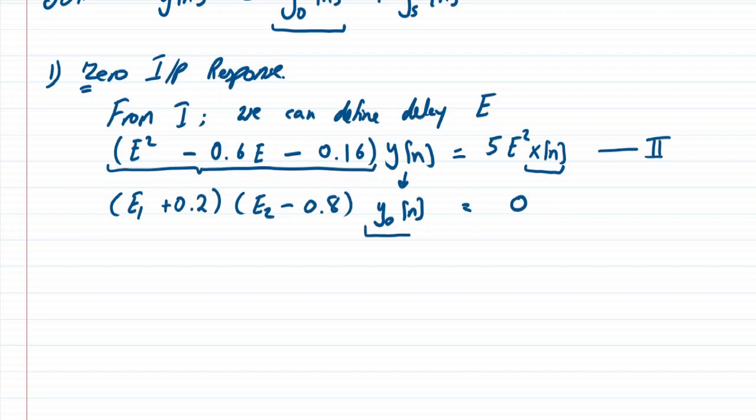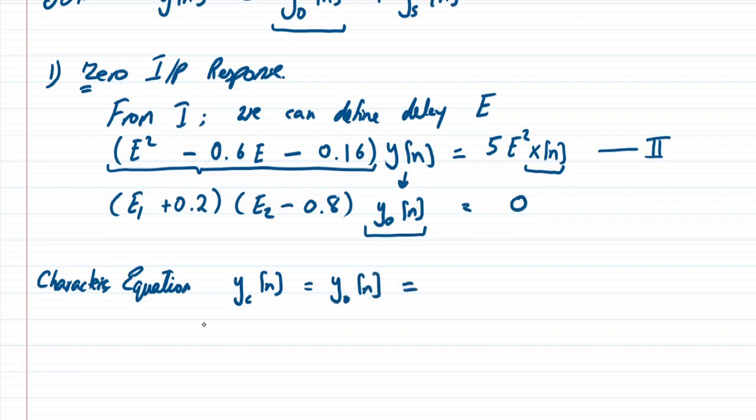Now this equation has two roots, so the solution of this characteristic equation, which we often refer to as yc of n, and over here is simply y naught of n, would be of the form, because of second order difference equation, a coefficient c1 multiplied by the first characteristic root to the power n plus coefficient c2 with the characteristic root E2 to the power n.